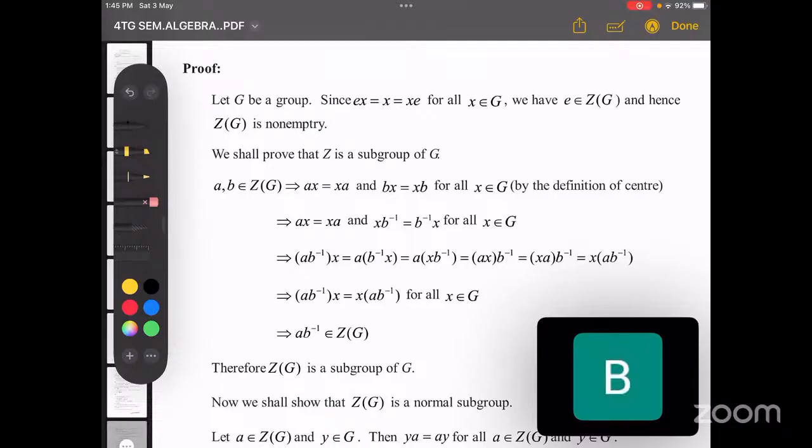Whatever the definition of a subgroup is, we have seen three definitions.